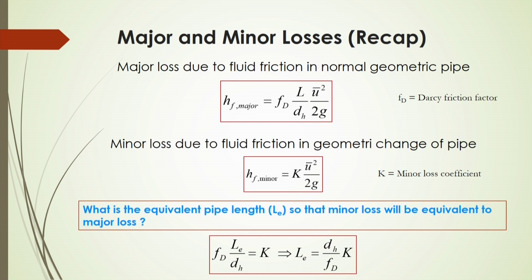And there are two types of losses whenever fluid flows through a pipe of any geometric shape.